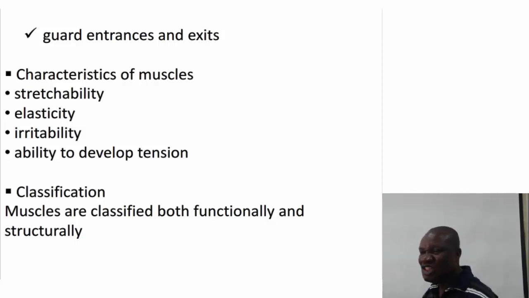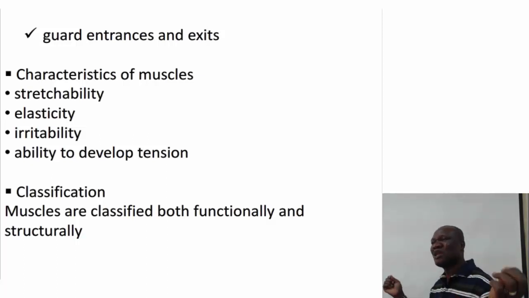Then I mentioned the characteristics of muscle. We said they are stretchable. You can stretch a muscle. Right? It's elastic in character. Then if you stretch it, it can return to the original length. So that is how come we say it is elastic. It's not plastic.